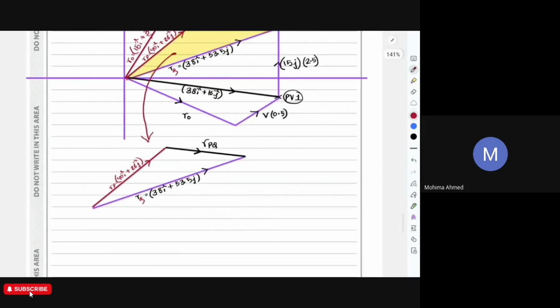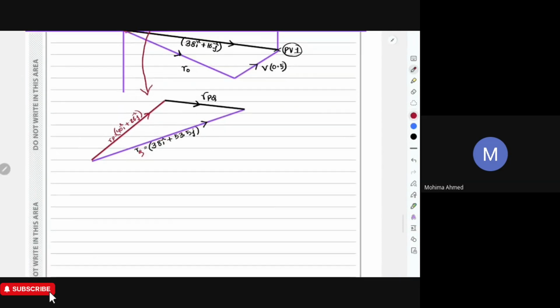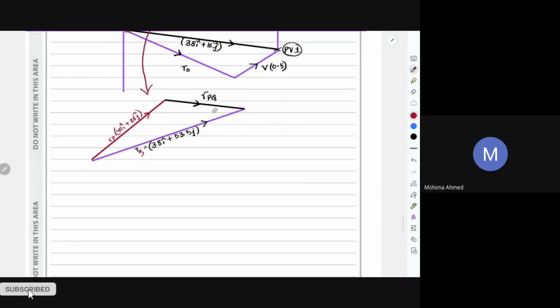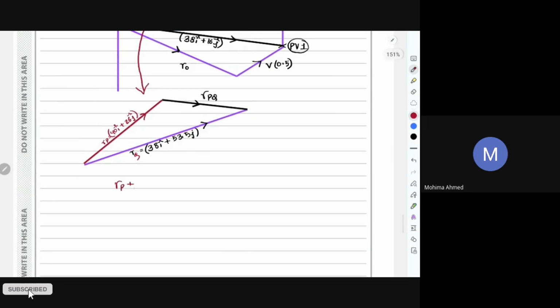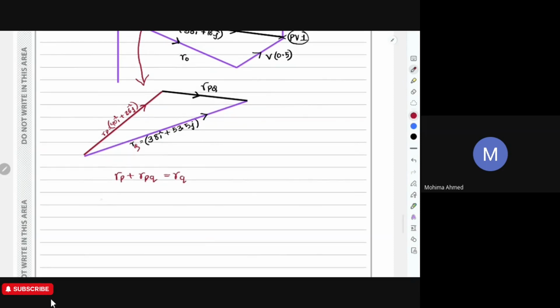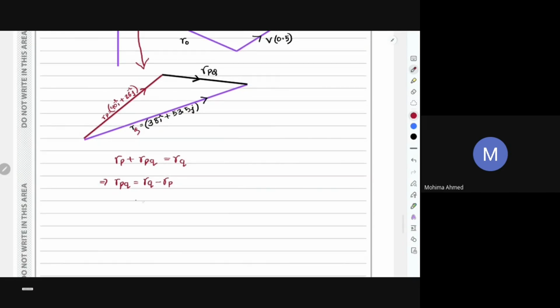So I want to find RPQ, right? I can understand adding them will give me RQ. So I can write, okay, RPQ is equal to RQ. I should use small q. Then I will just write RPQ. It will be RQ minus RP. So RQ is how much?